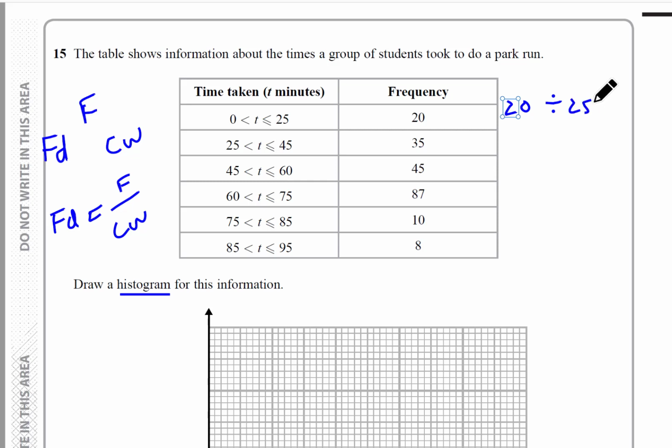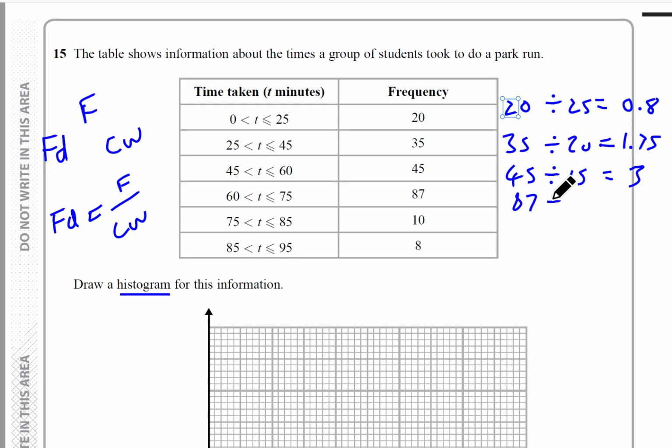Do this for your working out, that's 0.8. That frequency is 35 and the class width is 20. That's 1.75. Now we've got the frequency of 45, that's 15, that equals 3, that's all that is going to get you a method mark.